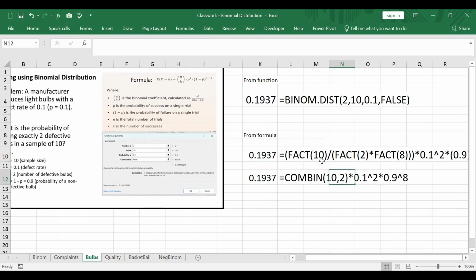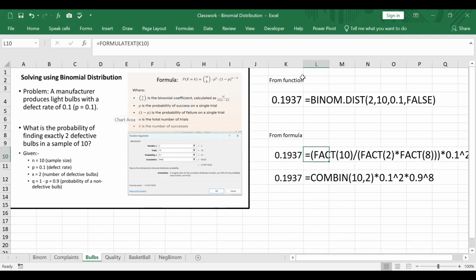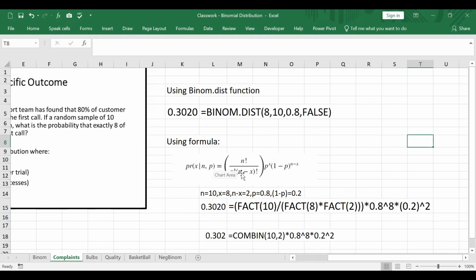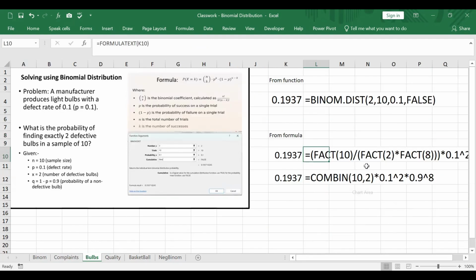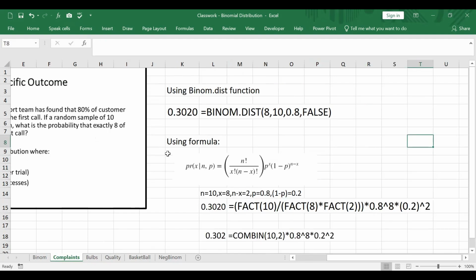Same thing can be obtained by using the factorial formula, because here it is b in bracket x equal to k. Now k is equal to 2. Factorial 10, the number of samples, and factorial 2 in this formula, for example, x and 10 minus x, 2 and 10 minus 2, is factorial 2, factorial 8. So here NCK, n choose k is written here, n, x, n minus x factorials.